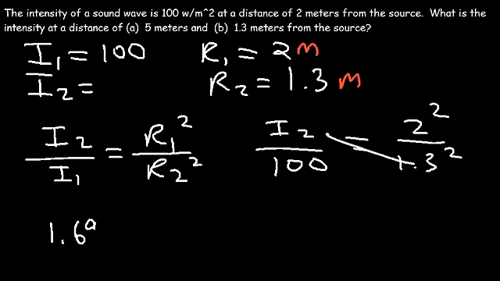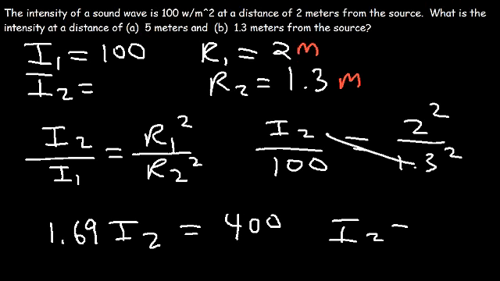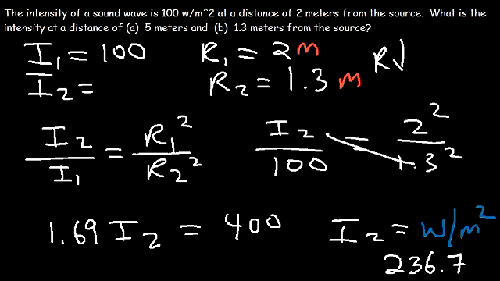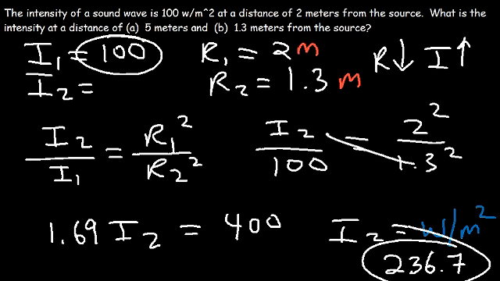So we have 1.69 times I2, and that's equal to 2 squared times 100, which is 400. So I2 is just going to be 400 divided by 1.69. And you're going to get the same answer of 236.7 watts per square meter. So there's multiple ways in which you can get the same answer. But as you can see, because the distance was decreased, the intensity increased. It went up from 100 to 236.7.